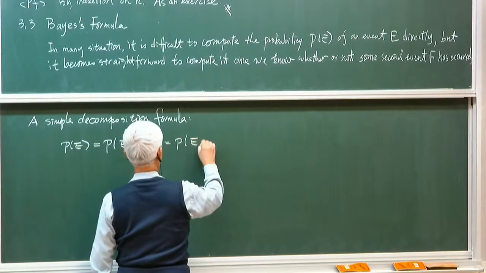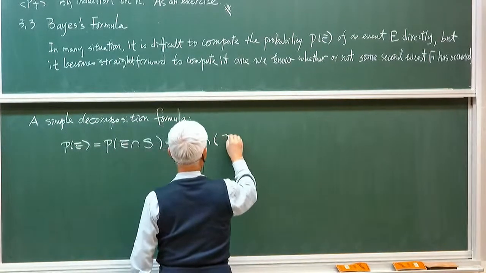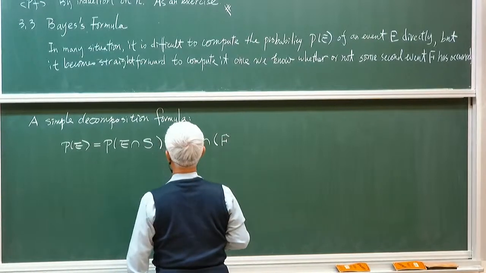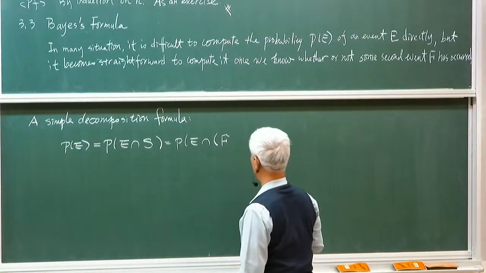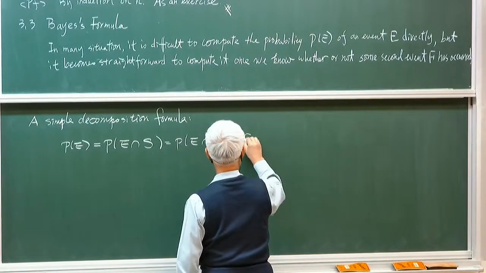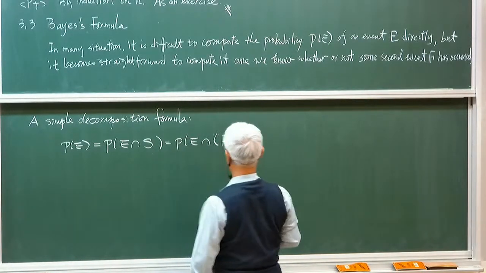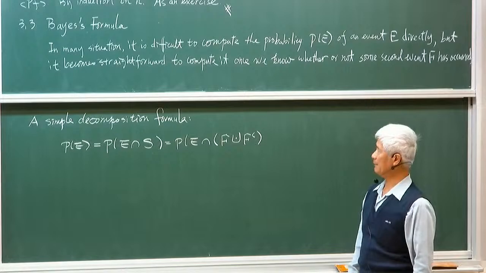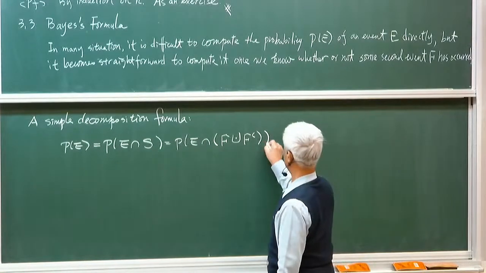Now, the sample space is the disjoint union of F and the complement of F. So we have that.